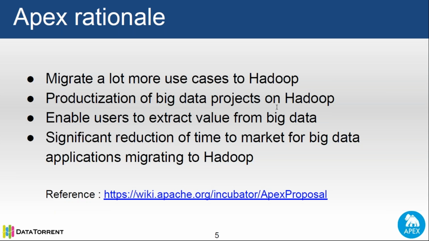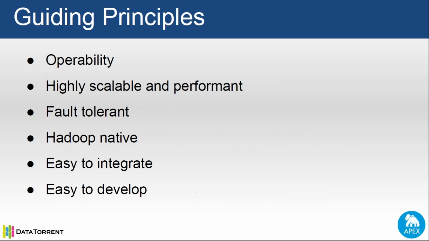The main reason is we are more focused on time to market and reducing the burden on app developers. We want to migrate a lot more use cases to Hadoop, and we want to reduce the time to market. If you want to have a look, you can refer to this wiki page for the Apex proposal.